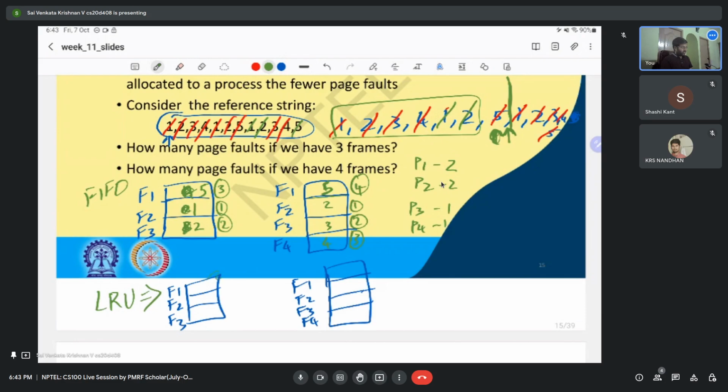So 1, 2, 3, and then 4. Does it degenerate into a FIFO, least recently used?